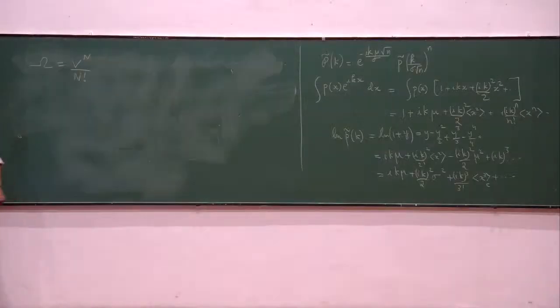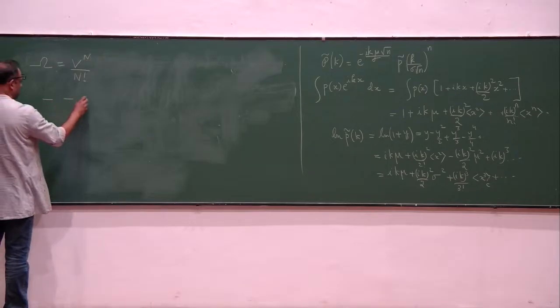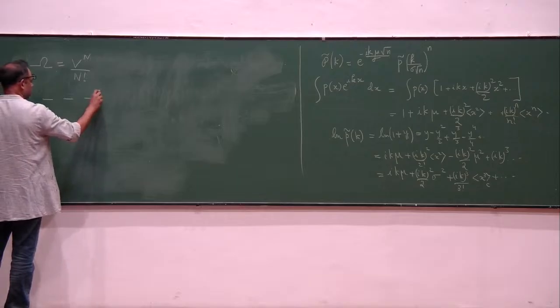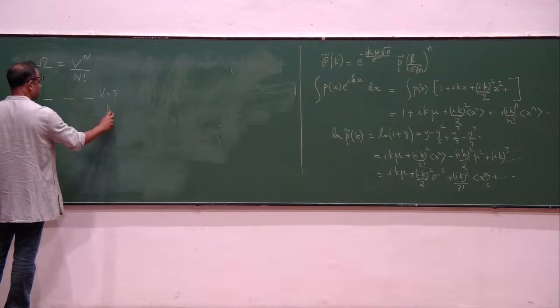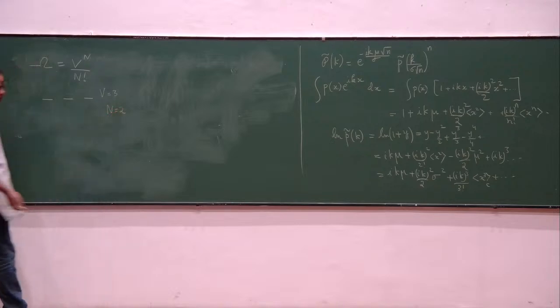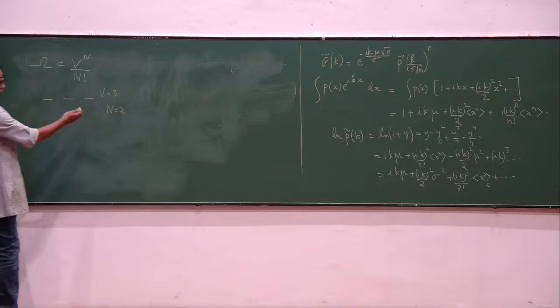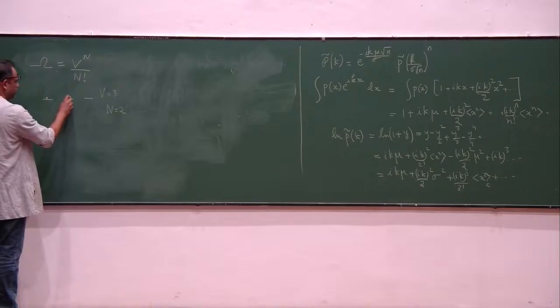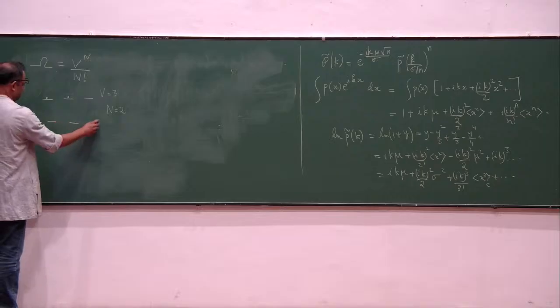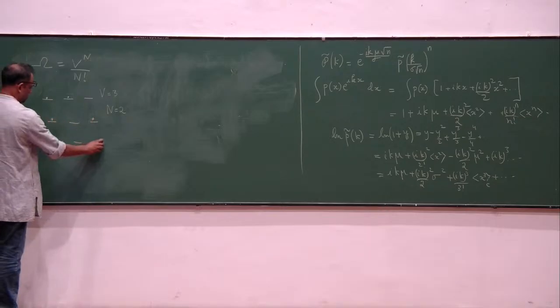Any other answer? Let us see whether that is true. Let us take V equal to 3: sites 1, 2, 3, and let us put n equal to 2, so that we can count them. One case is one particle here, one particle here; one particle here, one particle here; that is 3.